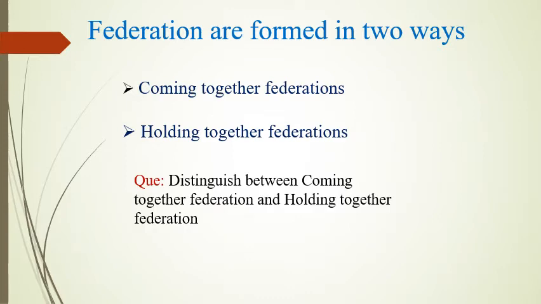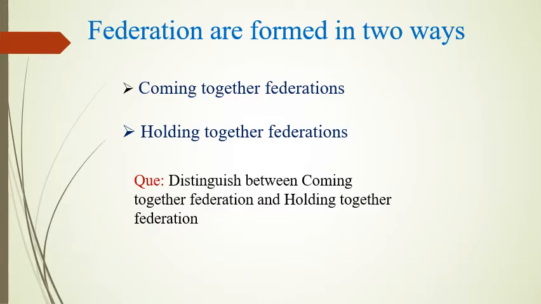Okay, students, how did federations form? Listen, federations are formed in two ways: coming together federation and holding together federation. First, what about the coming together federation? Listen, in the first type, states come together on their own to form a bigger unit and they have equal power and are equally strong in the federal government.